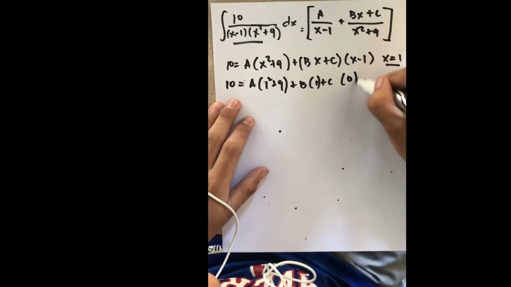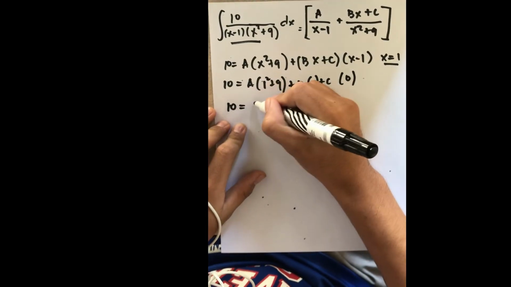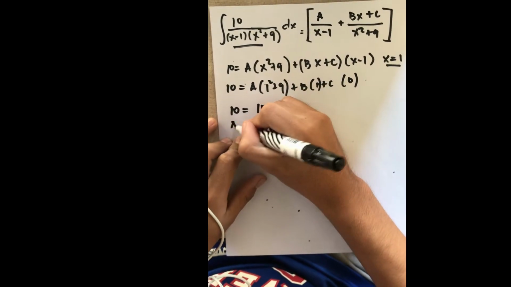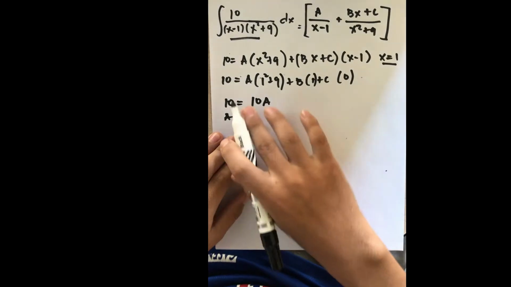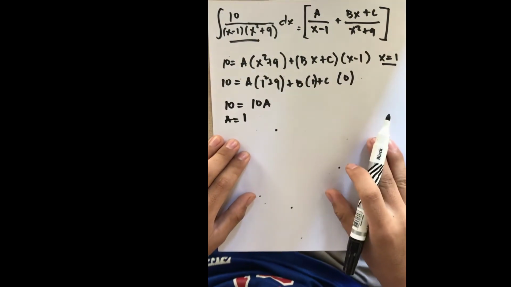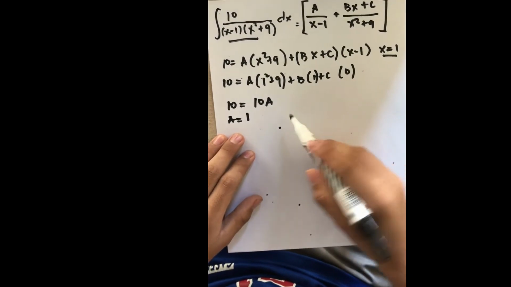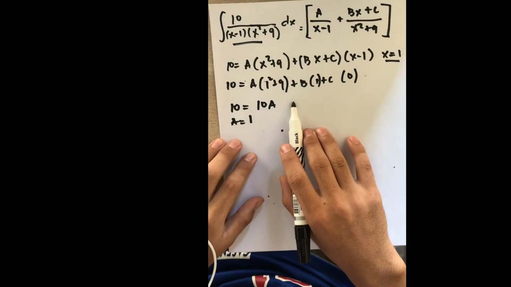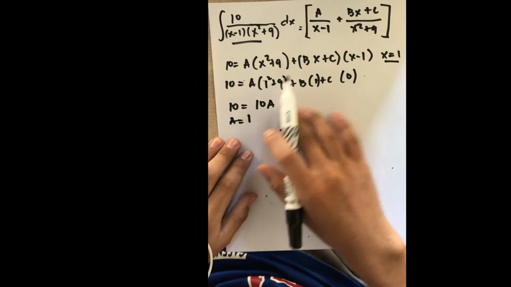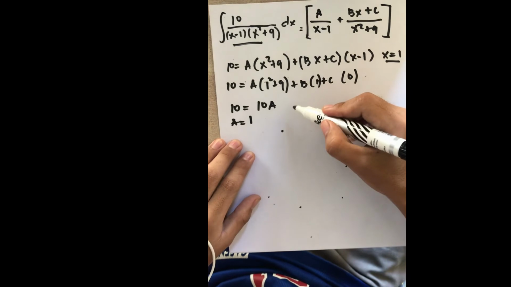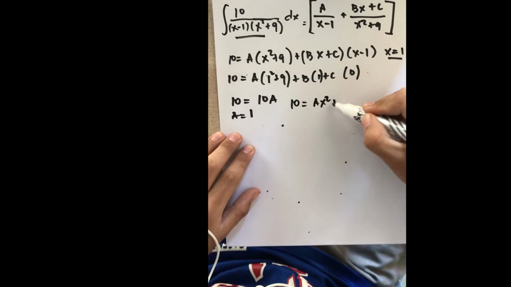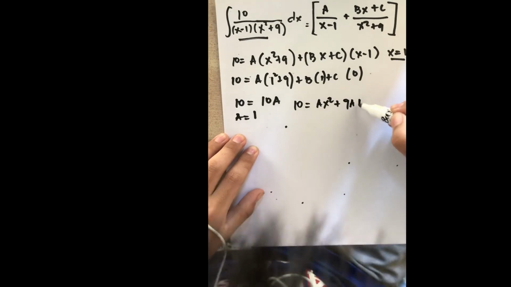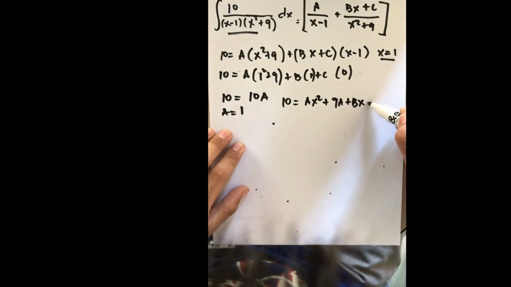So 10 is equal to a times 1 squared plus 9 plus b times 1 plus c times 0. So this will be 0. So 10 is equal to 10a. So therefore a is equal to 1. We don't have any more values to substitute, so let's proceed to the next step.